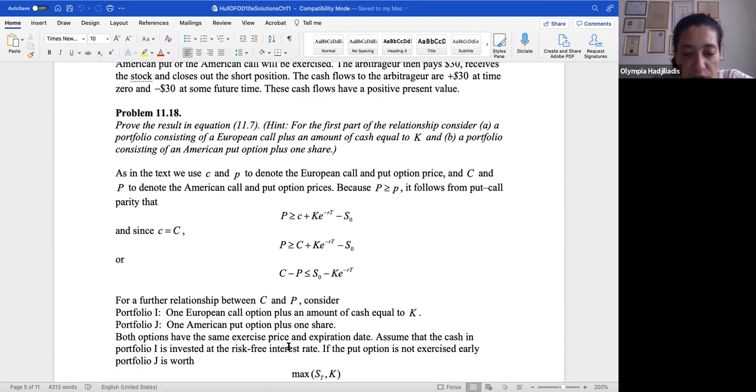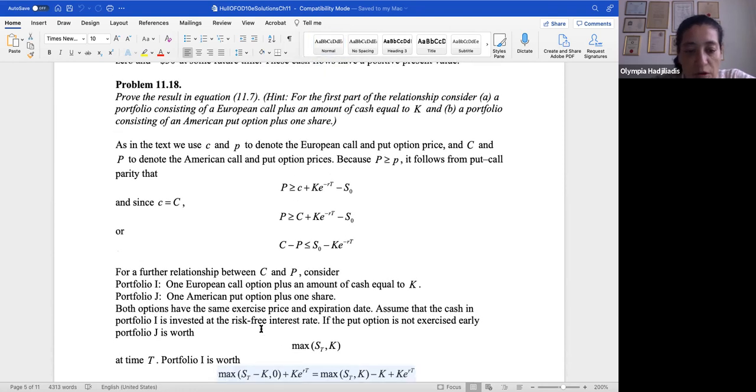For a further relationship between C and P, consider portfolio I, one European call option plus an amount of cash equal to K, and portfolio J, one American put option plus one share. Both options have the same exercise price and expiration date. Assume that the cash in portfolio I is invested at the risk-free interest rate.